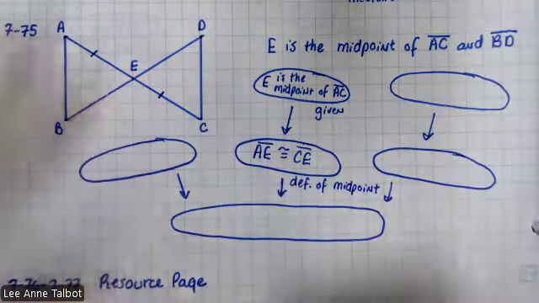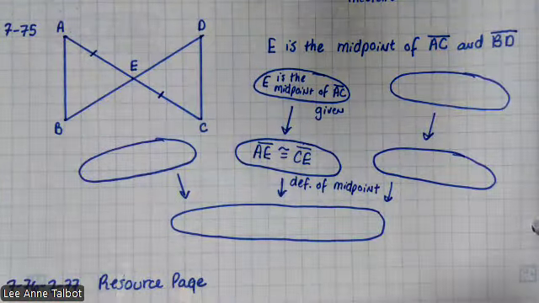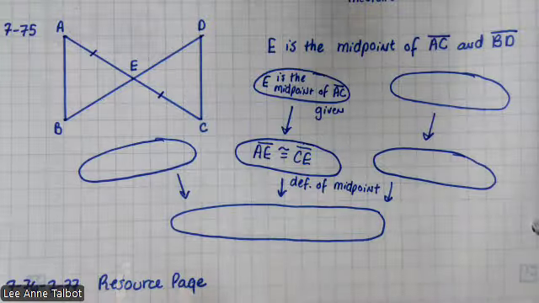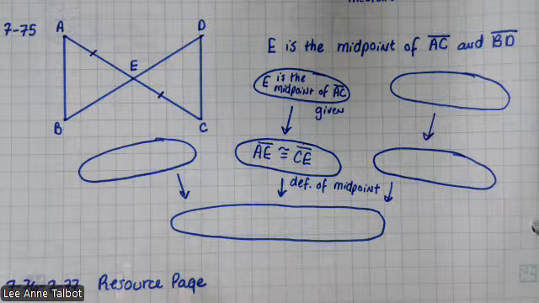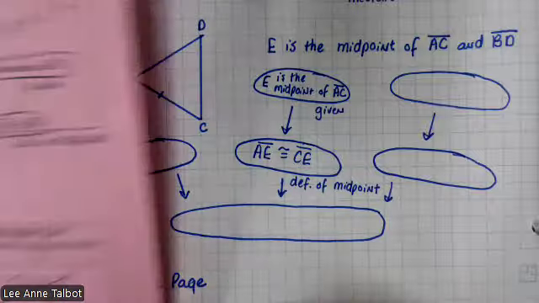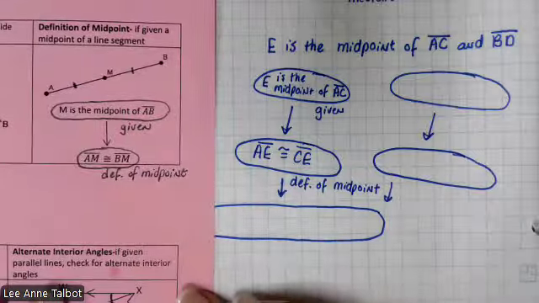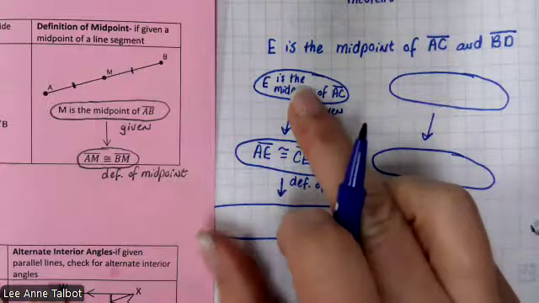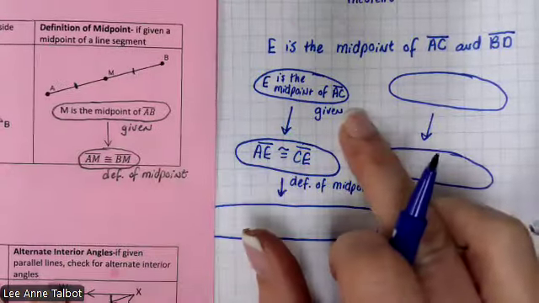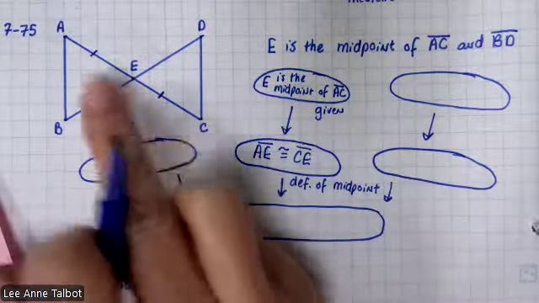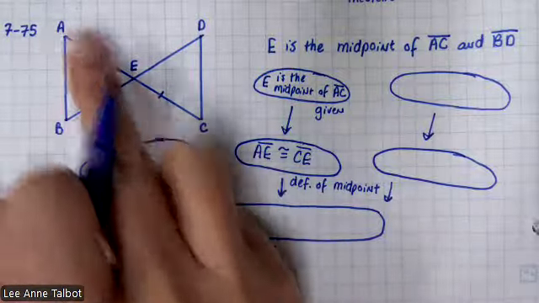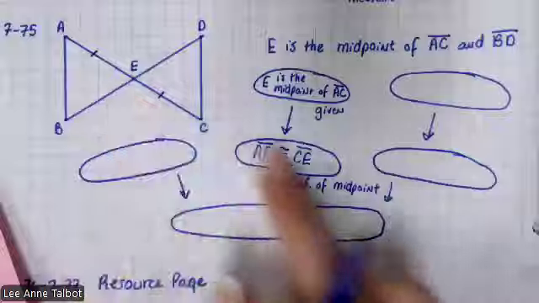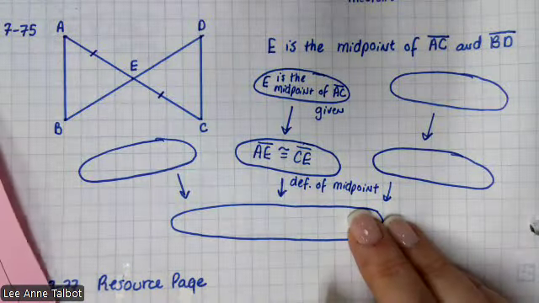And I'm going to put def of midpoint because I'm saving room. Okay, so I copied E is the midpoint of AC into this bubble with given. Then I marked up the picture. Then I said AE is congruent to CE by definition of midpoint.